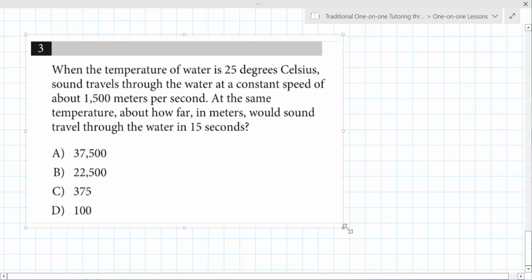All right. I want you just to read this to yourself and write down any information that you think is useful as you're reading it.